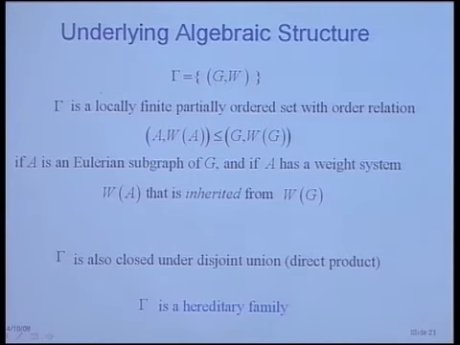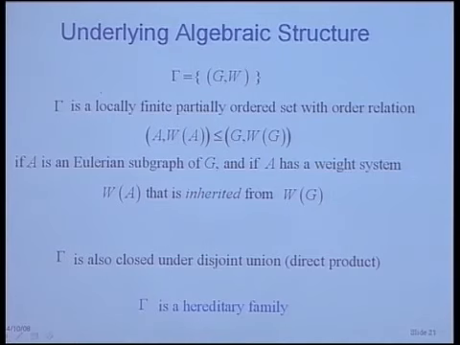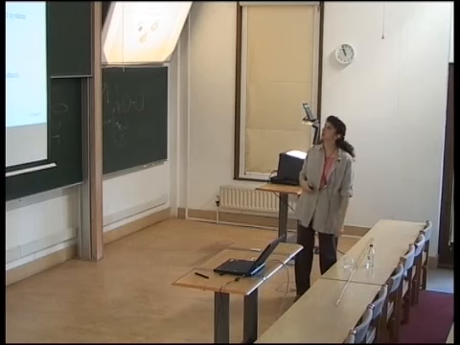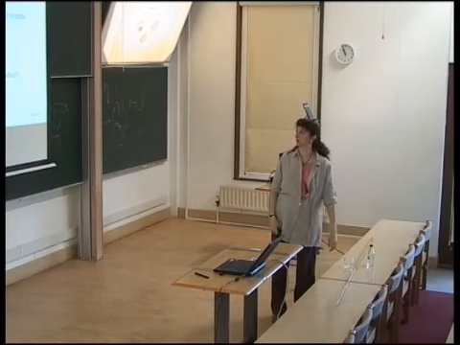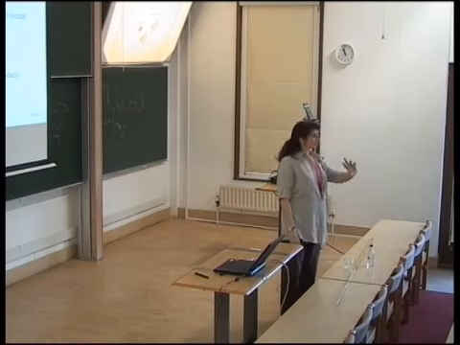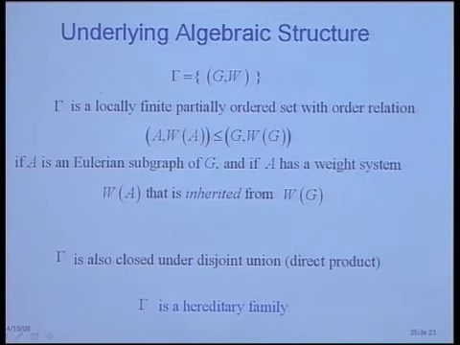So nothing deep here. Just Eulerian subgraph with induced weight system. I gotta be a little careful here. And this thing is also closed under disjoint union, which is just, think of as the direct product in here. Those two properties mean that I get to call this set a hereditary family.